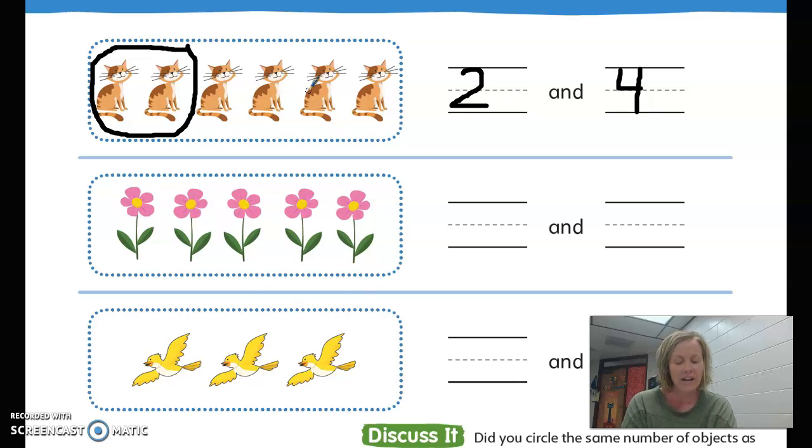Now let's look at our flowers. Ooh, I see 5 flowers. I picked some and left some on the ground. So how many flowers would you pick? Circle the flowers you picked. Now write your 2 numbers that equal 5.